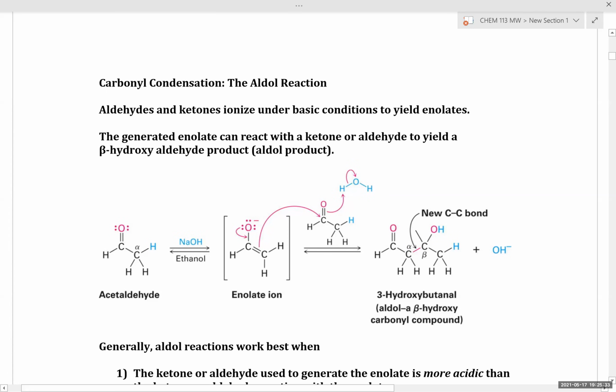The classic example of these carbonyl condensation reactions is the Aldol reaction. So we know that aldehydes and ketones ionize under basic conditions to yield enolates. So we can take a ketone, deprotonate the alpha position, and we can generate the corresponding nucleophilic enolate.